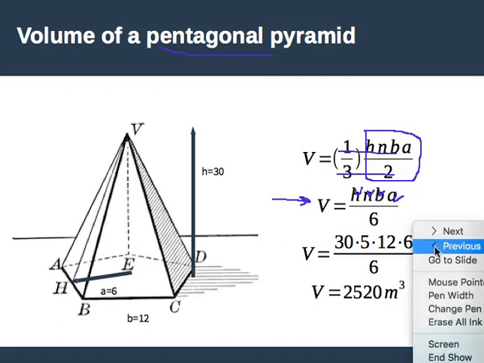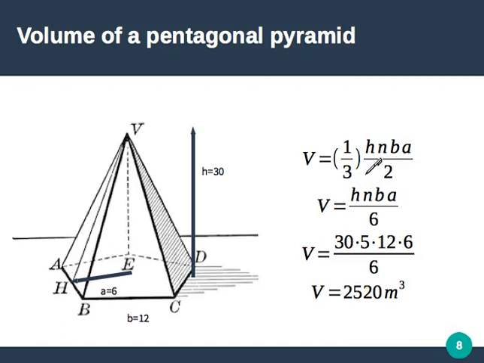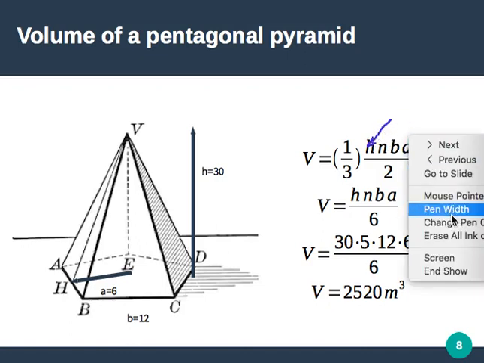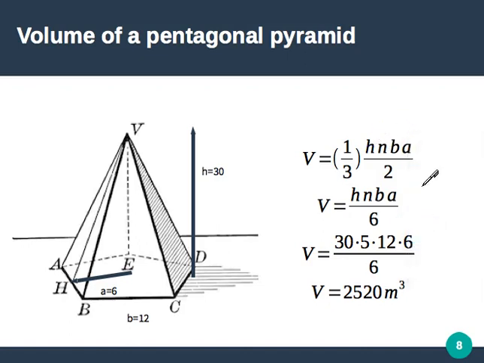Now, I forgot to mention that we're going to change the names of some of these elements and the shape. So for example, instead of using the H for the apothem, I'm going to be using the A for the apothem, and the H is going to be used for the height of this shape.